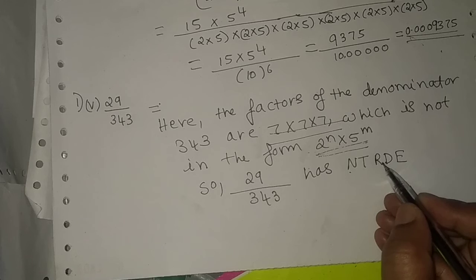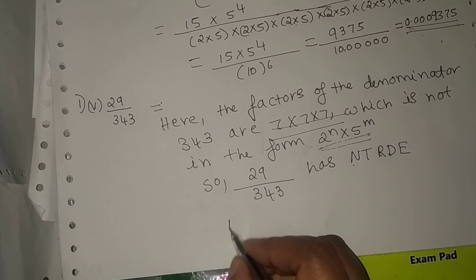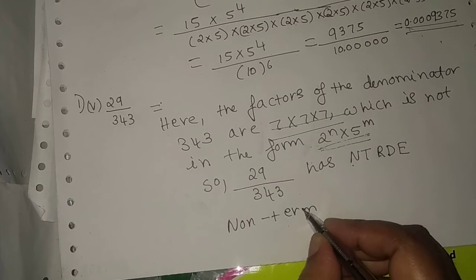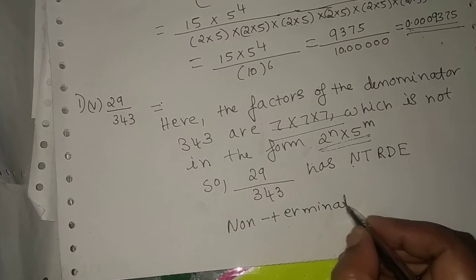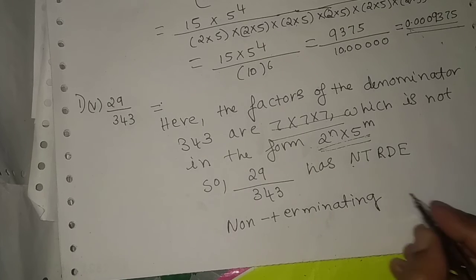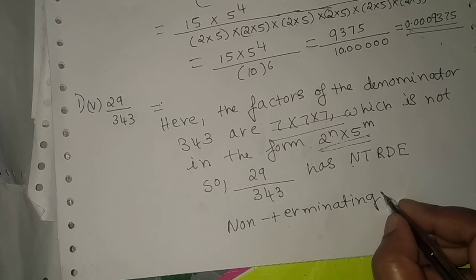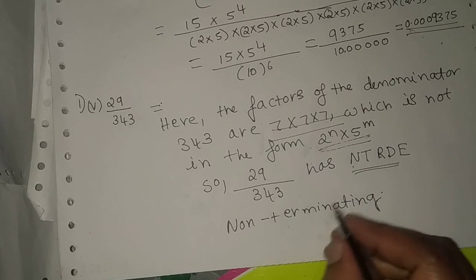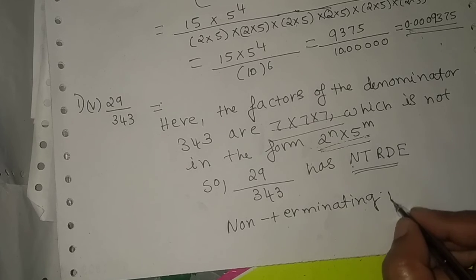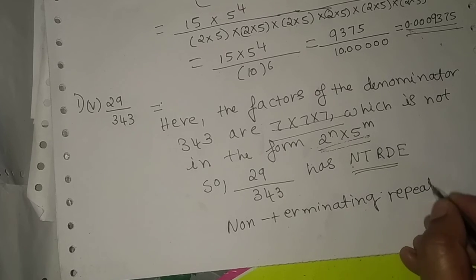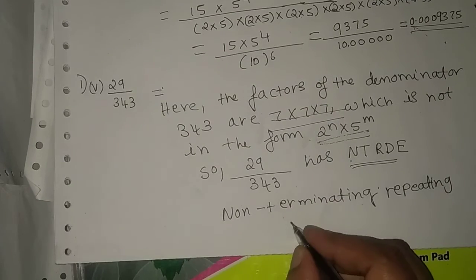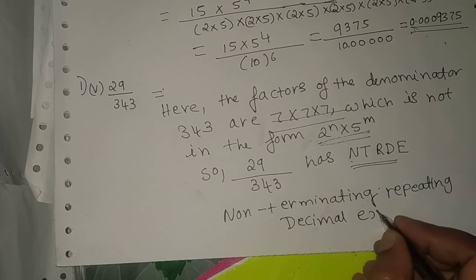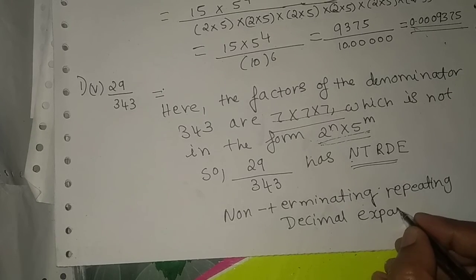So 29 by 343 has a non-terminating repeating decimal expansion. We are getting only the factor 7. So next solving is not required. Only when we get TDE do we have to solve the second question. When we get non-terminating repeating decimal expansion, no need for the second question. So this is the solution for the fifth problem.